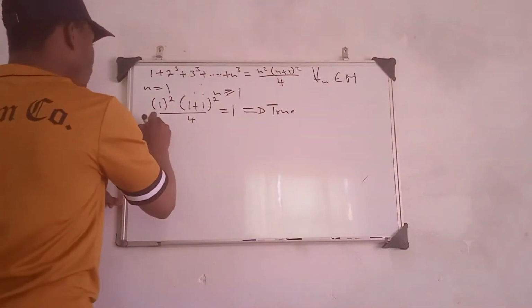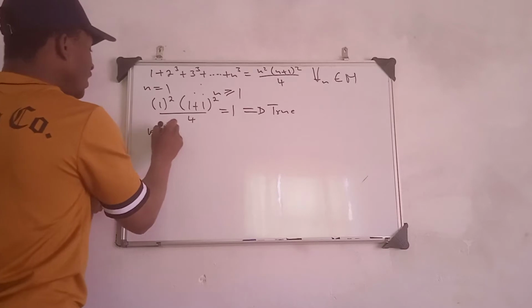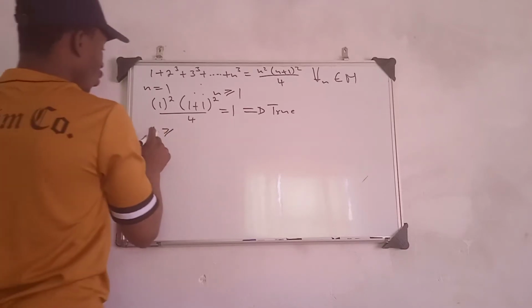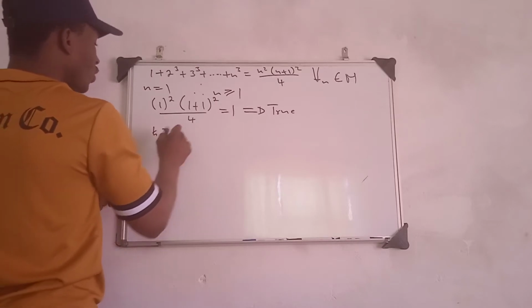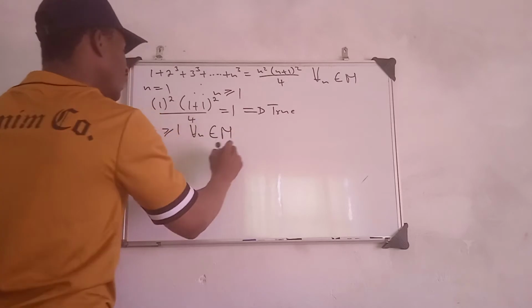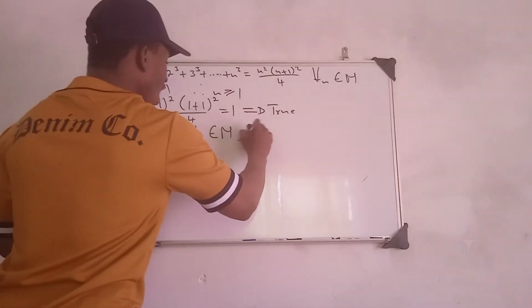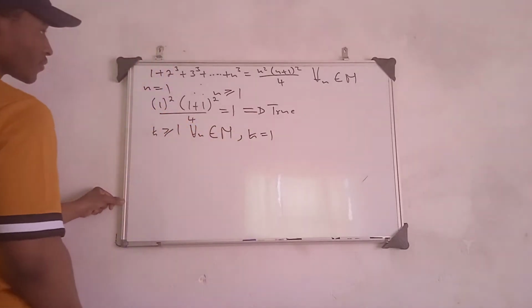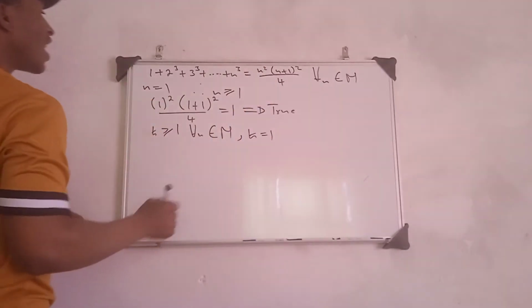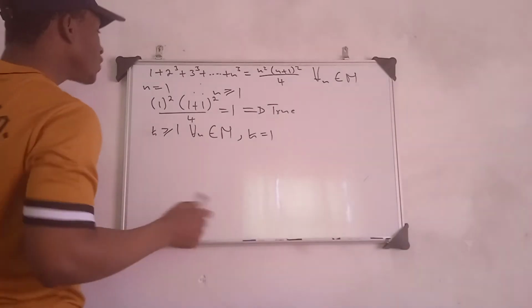So our hypothesis will be whereby k is greater than or equal to 1, for all n which belongs in the set of natural numbers. Therefore, our k is equal to 1. So I'm going to use this series, and wherever I see n, I'm going to put k.